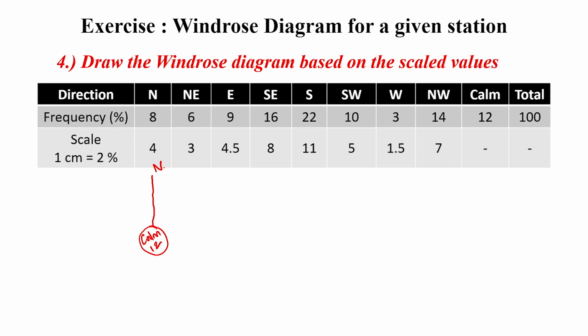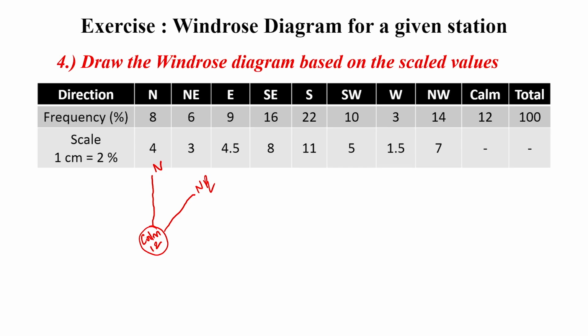Similarly, for northeast, you will again draw a line like this and it represents northeast, which is 3 centimeters, representing 6% of the frequency. In a similar way for the eastern direction, you will draw a line which is 4.5, and then you have southeast, which is quite bigger.